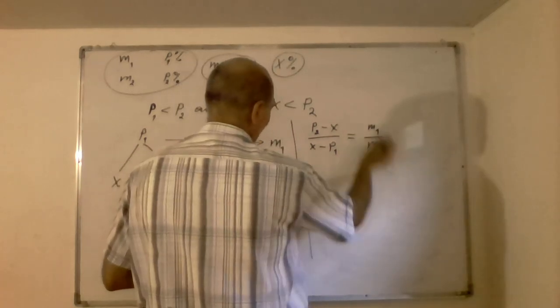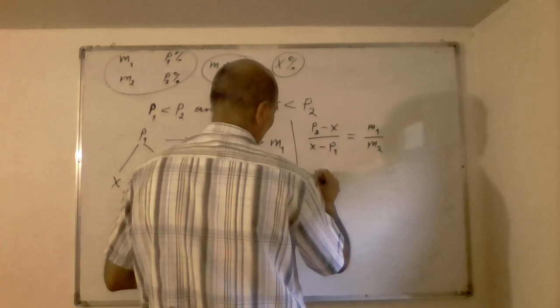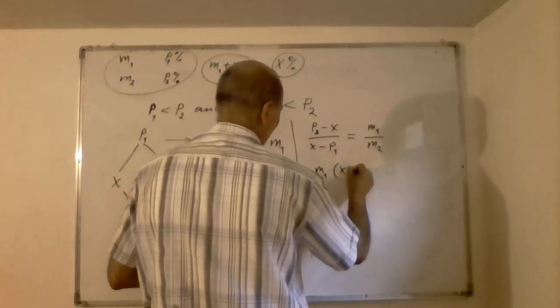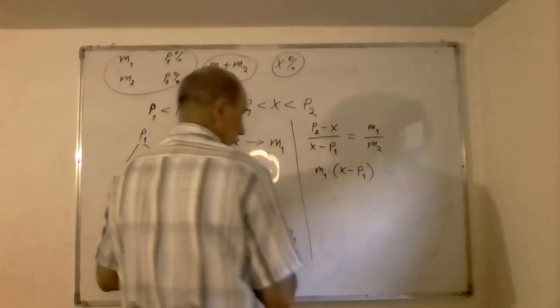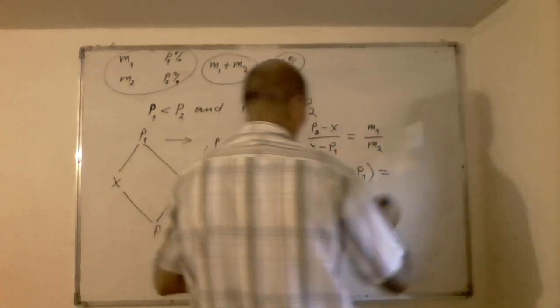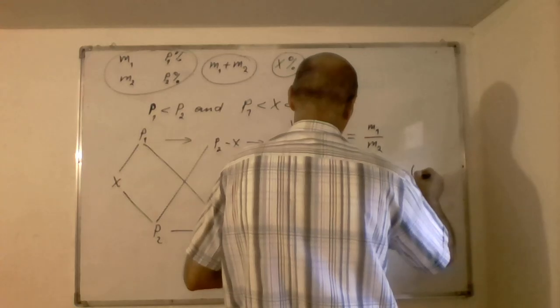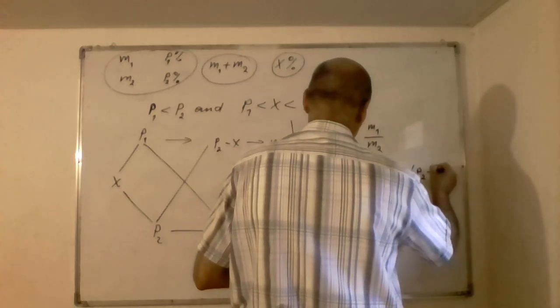And so we can write M1 times (X minus P1) equals M2 times (P2 minus X).